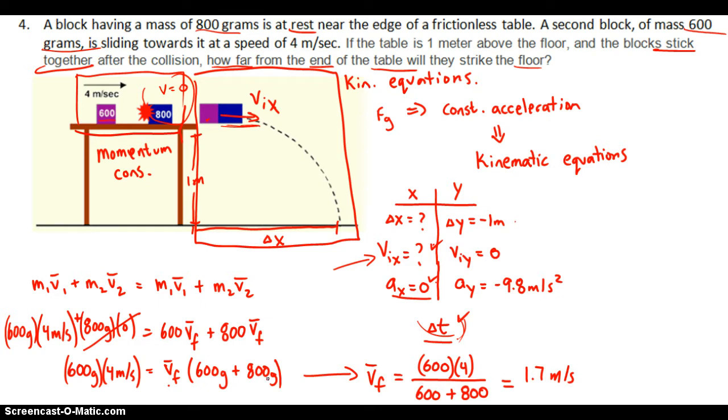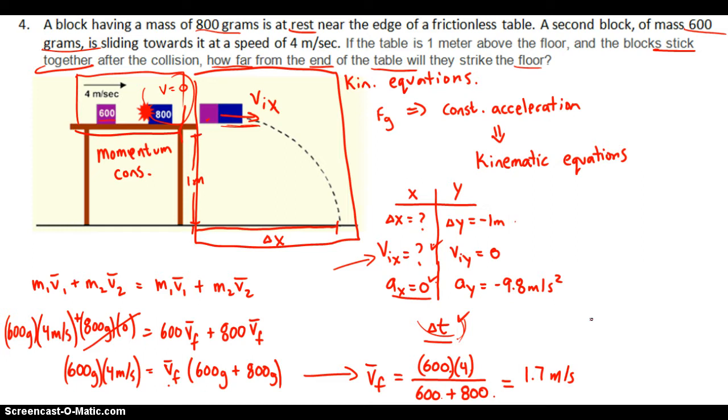Now, if you notice the units, I'd have grams on the top times meters per second and grams on the bottom. So our grams cancel out. In this case, it doesn't matter if we convert to kilograms or keep it in grams.